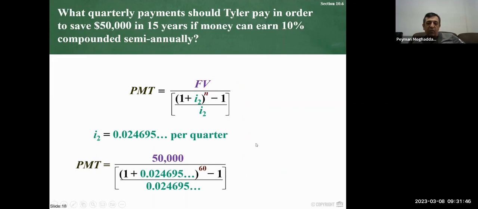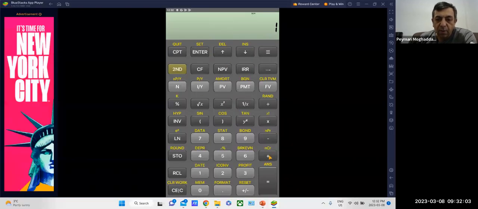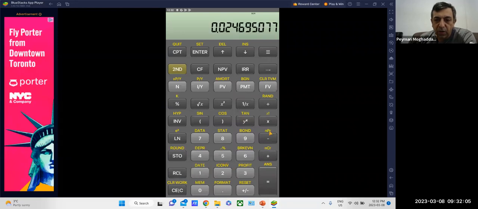Let's calculate this in the calculator together. So 1 plus I2 power of 60 minus 1. First of all, we need to calculate the innermost one, right? So 1 plus, recall 1, because we already stored it.